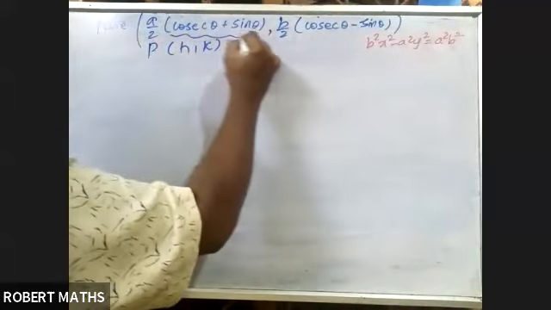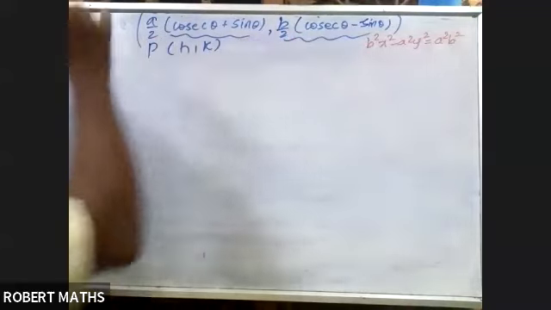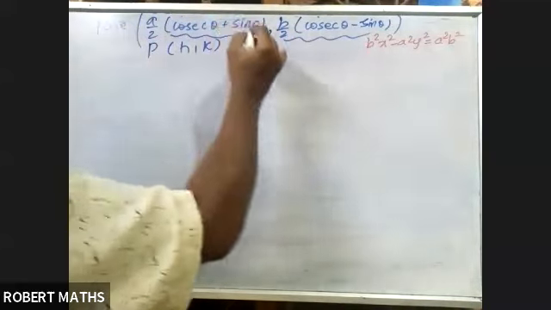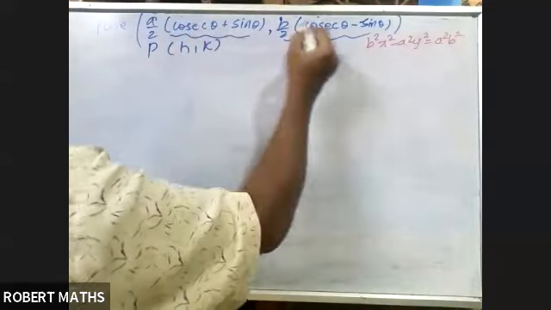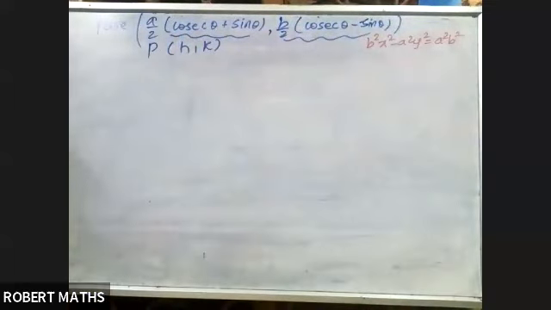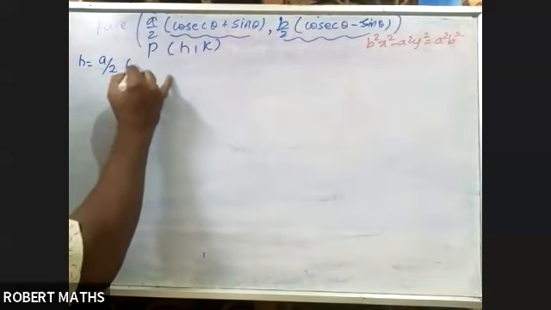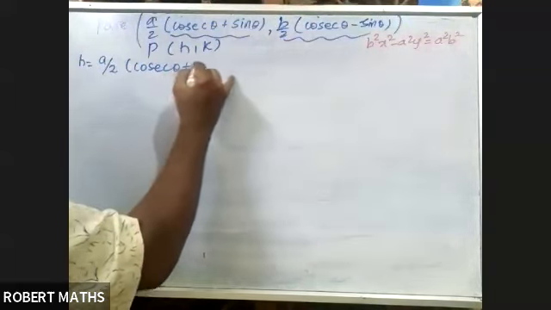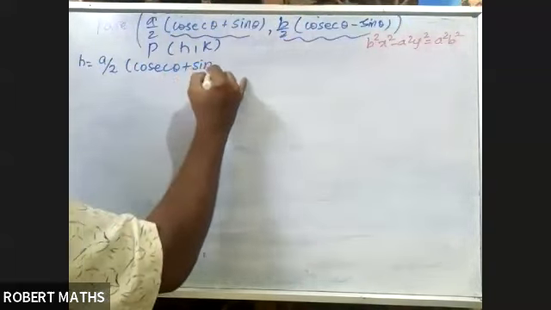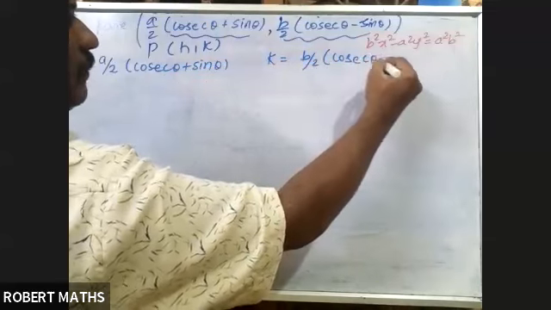So a by 2 into cosecant theta plus sin theta is h, and b by 2 into cosecant theta minus sin theta, you have to take this as k. Your h is equals to a by 2 into cosecant theta plus sin theta, and similarly k is equals to b by 2 into cosecant theta minus sin theta.